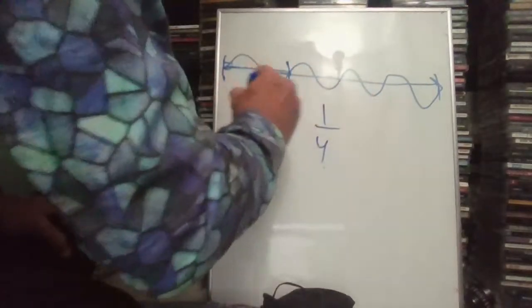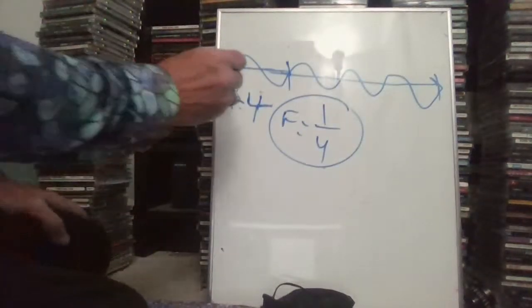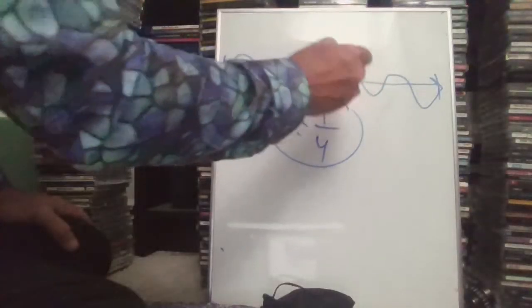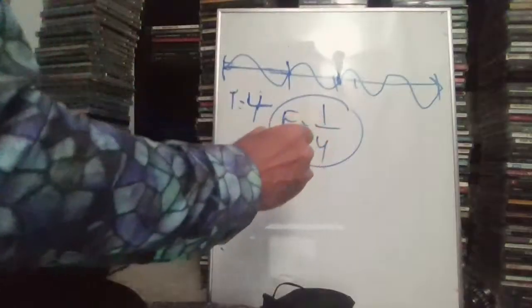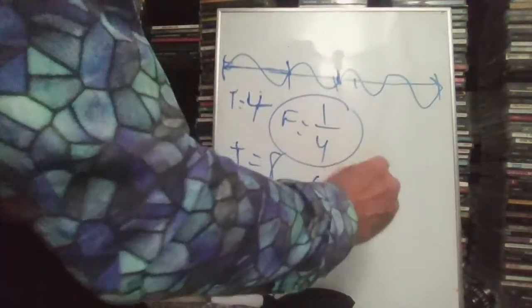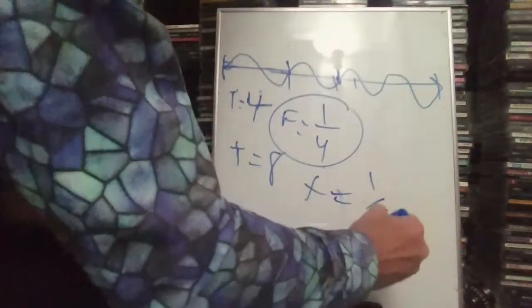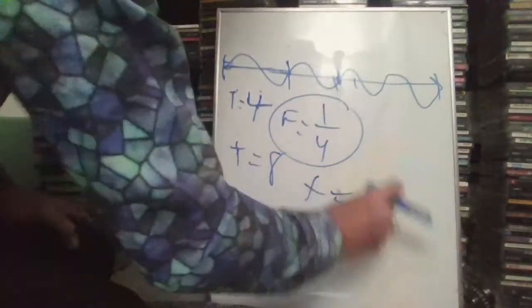That's the fundamental frequency, right? But this string also vibrates at 8. Little t equals 8. That would make little f equal 1 over 8, which is half the frequency of 1 over 4.